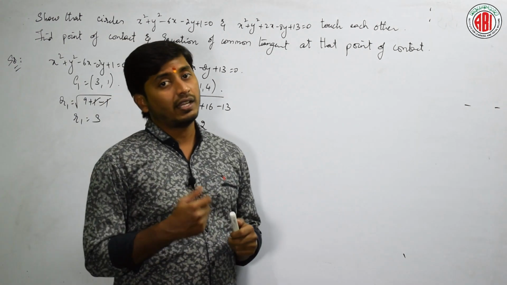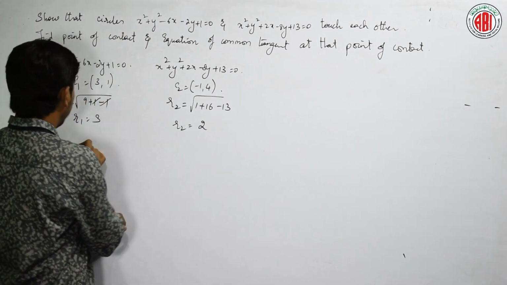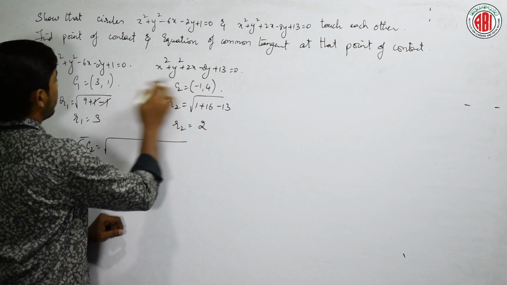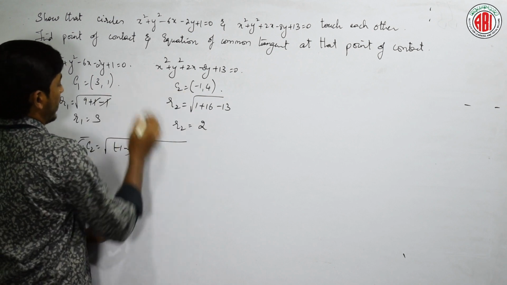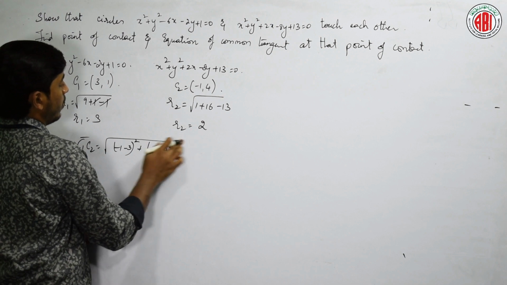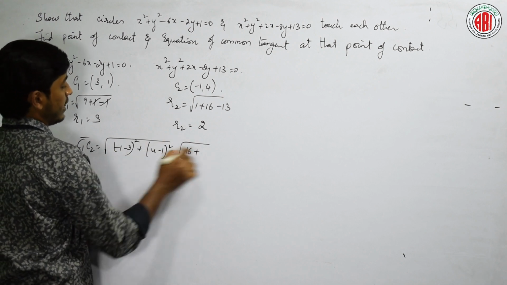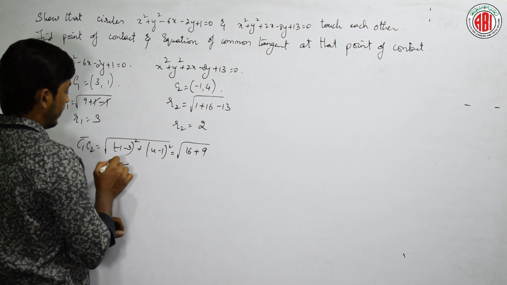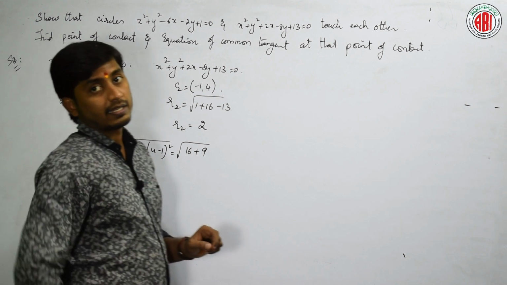So let us find the relation, that is C1C2 and R1 plus R2. First let us find the C1C2 distance, okay. Minus 1 minus 3 is minus 4, 4 square is 16, 4 minus 1 is 3, 3 square is 9, 16 plus 9 is 25, root is 5. This is the C1C2 distance, okay.